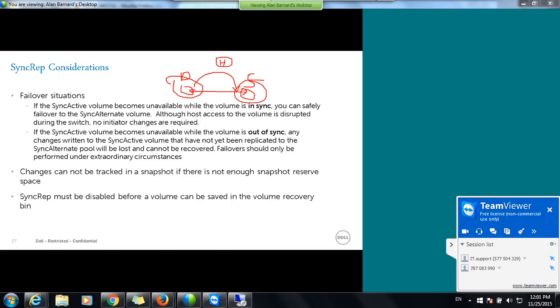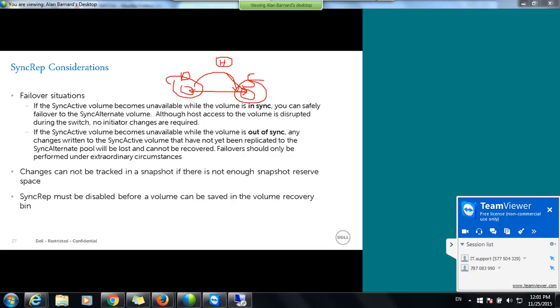You need to make sure you're aware of that. It's not like instant up and running. There is nothing in EQL to allow you to do that automatically, so you need to manually switch it over, and then a host can access the same volume from your alternate location.